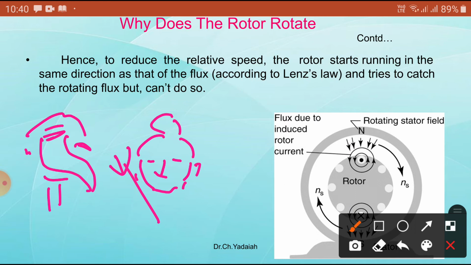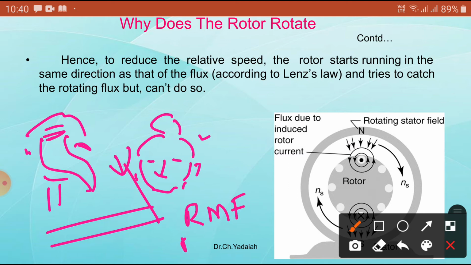So the father wins the battle. That means there is a quarrel between the son and father. Similarly, there is a quarrel between the rotating magnetic field of the stator and the rotor field. That is why the relative motion between them reduces.